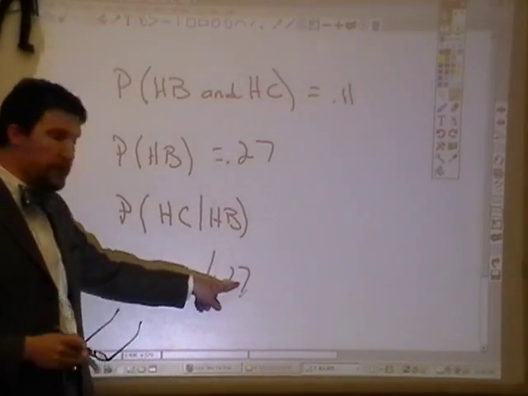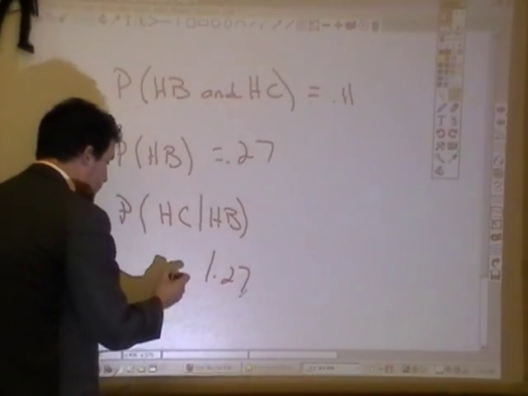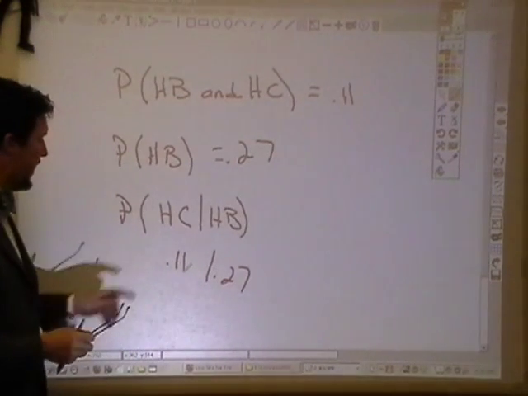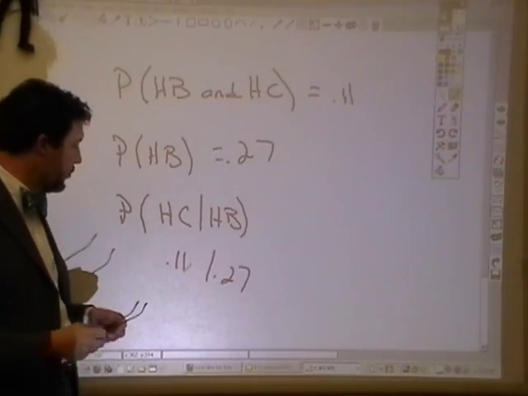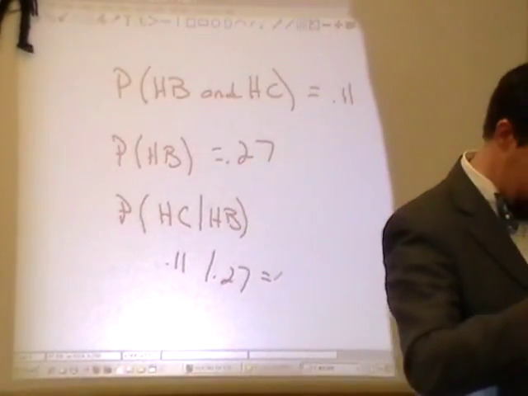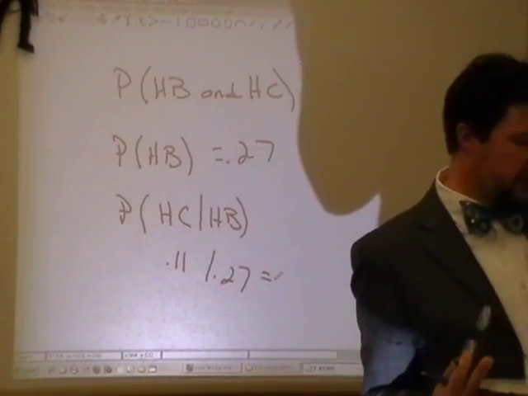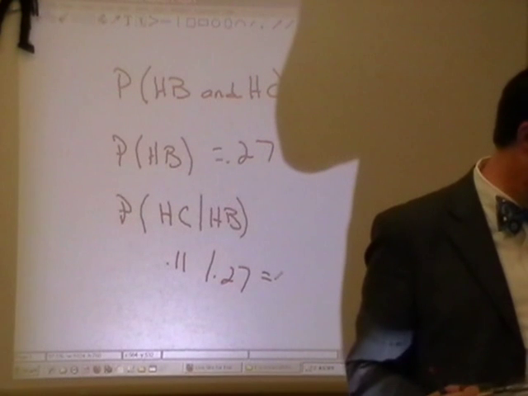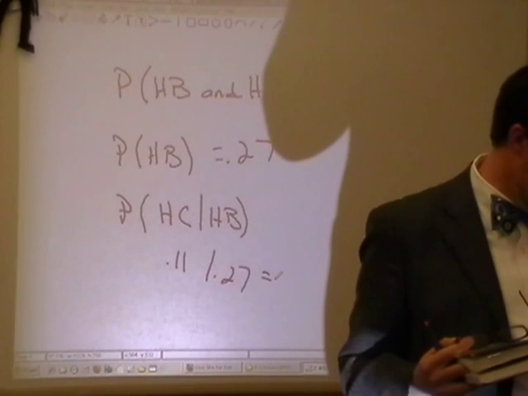Of those people that have high blood pressure, that 0.27 column, how many people have high cholesterol? That would be those people that have high cholesterol and high blood pressure, 0.11. So 0.11 over 0.27 is equal to, and I did this calculation already, and we'll look at it. It's not here. I have to turn the page. This always happens. Oh, there it is.